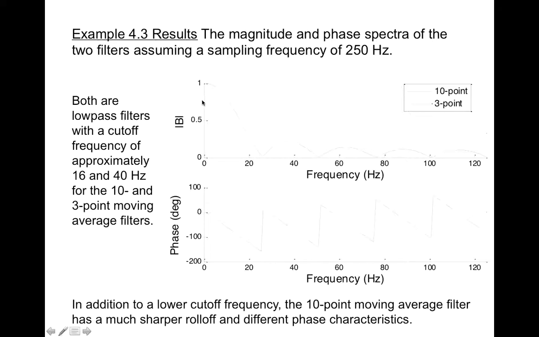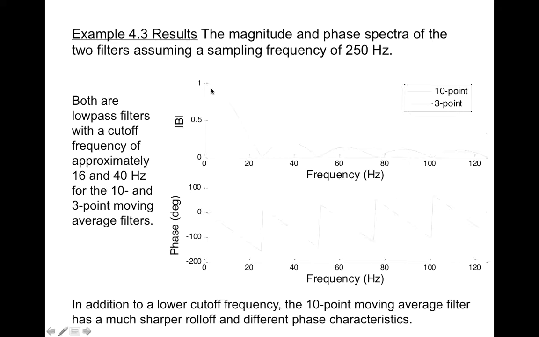So that 0.7 dB point would be roughly 16 Hertz for the 10-point and 40 Hertz for the 3-point. So what's happening here is your 10-point filter is giving you cutoff more quickly. Sometimes that's what you want, sometimes it's not.